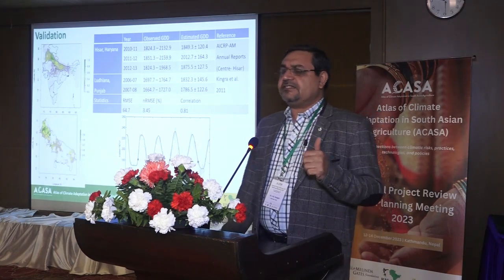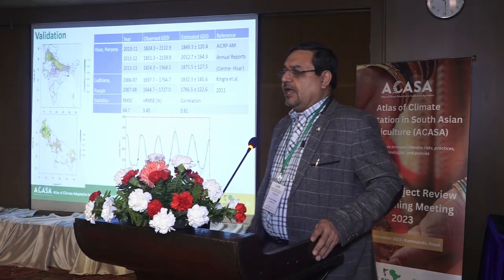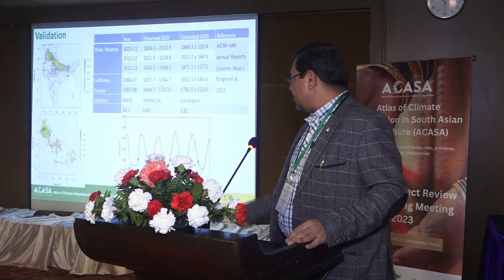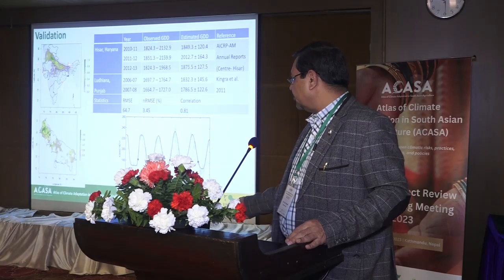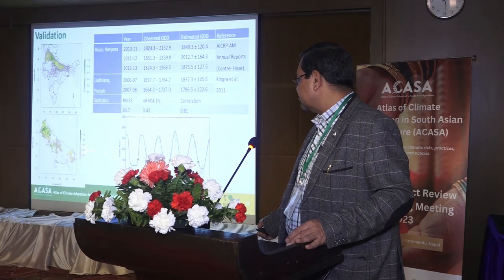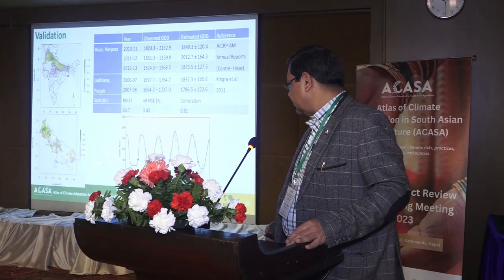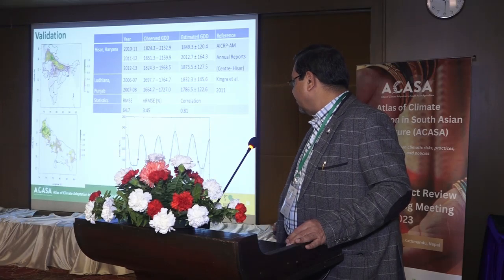One important thing is how to validate whatever you are estimating from remote sensing. We actually published a paper where this whole area is the wheat growing area of South Asia, and we took the 3 northernmost states, Punjab, Haryana and Uttar Pradesh, and found out using remote sensing the date of start and date of end for each year.